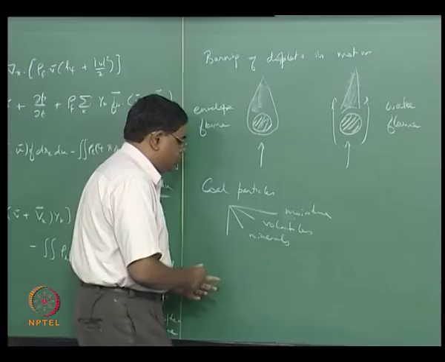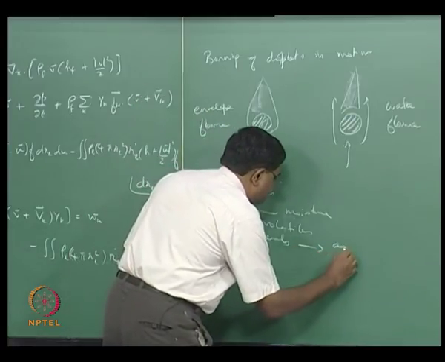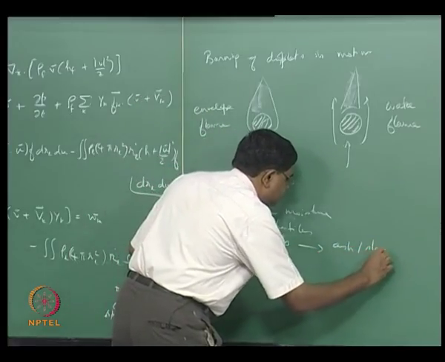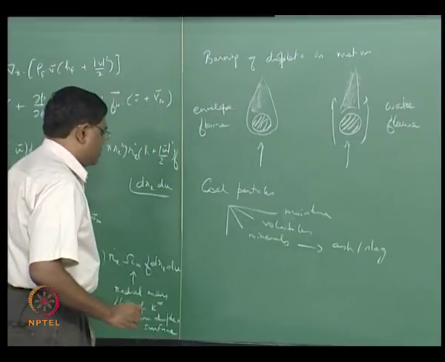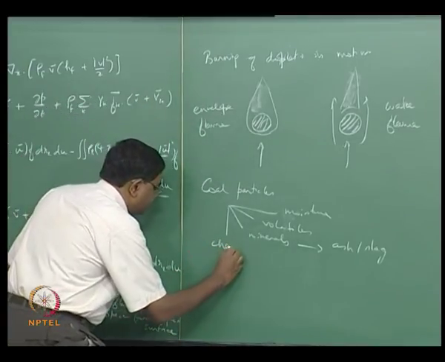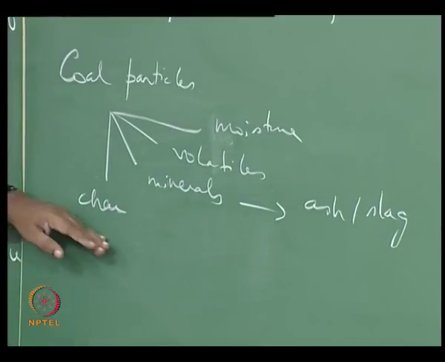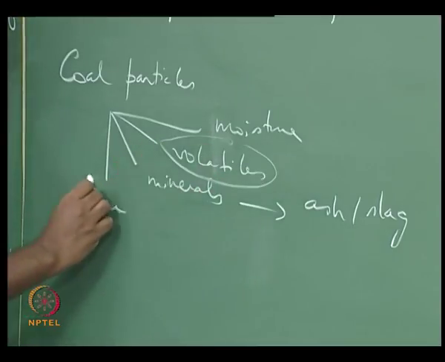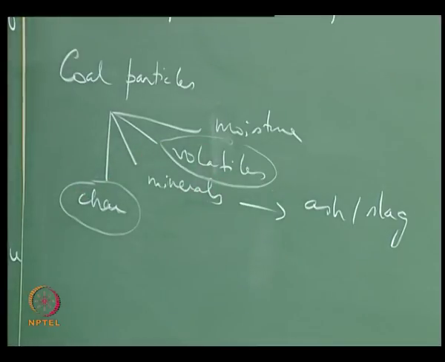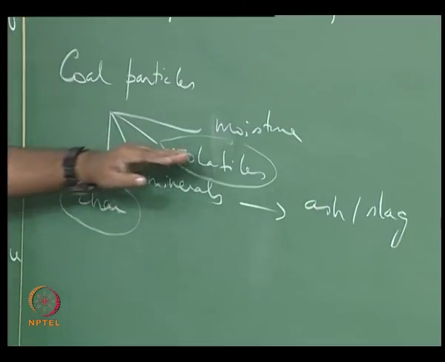So this produces ash and slag, and then of course you also have char. So this goes through a solid phase combustion and gives rise to a residue, so effectively you're looking at only two parts of this that are giving rise to energy.